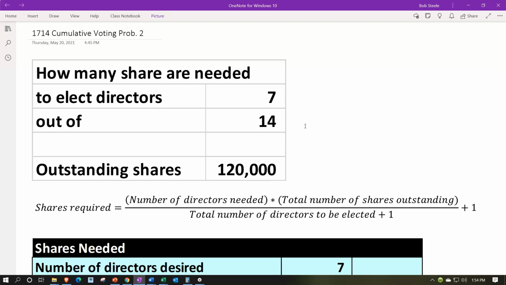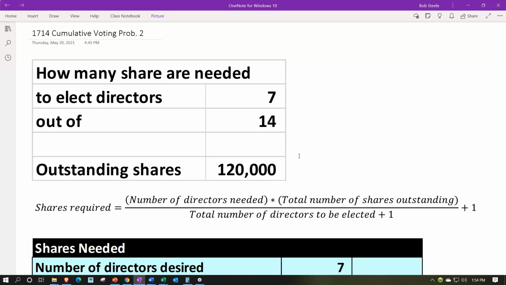However, if you use the cumulative voting system, it's typically thought that it could be beneficial for the minority votes in that, although we have the same kind of calculation of vote totals, meaning 14 seats times the number of shares, 120, you're not required to vote all of your votes in any particular seat, and therefore you can basically consolidate some of your votes, possibly giving more power to some minority interests in that way.